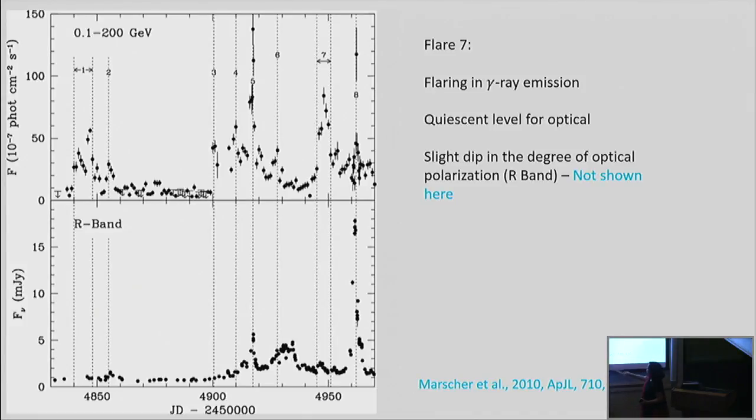And what I don't have the plot for is that there was also a slight dip in the degree of polarization in the R band. So all these components do signal toward an oblique geometry of the magnetic field in this source.